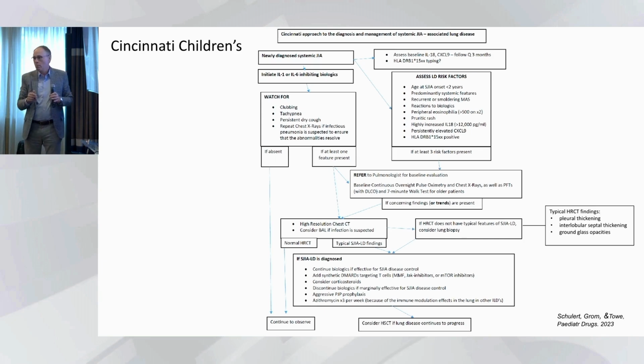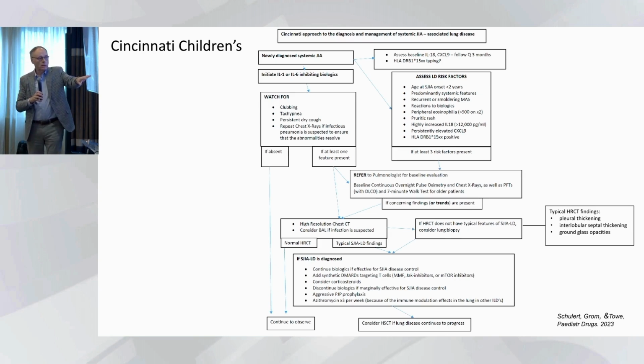We are very much worried about the episodes of MAS in these patients. With each episode of MAS, we see additional damage to the lungs that becomes irreversible. So if we stop biologics too quickly, and as you heard yesterday and today, many patients do flare with MAS, and that always would produce additional irreversible damage to the lung. We need to avoid it as much as possible. So from that perspective, we think it's important to continue the biologics.